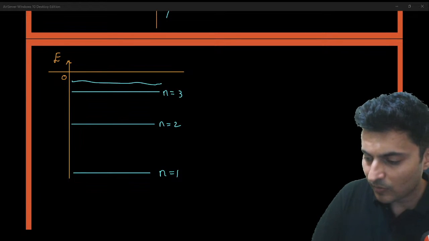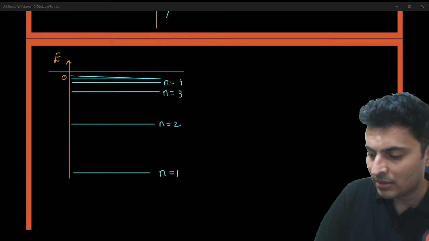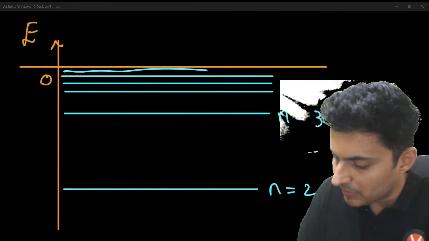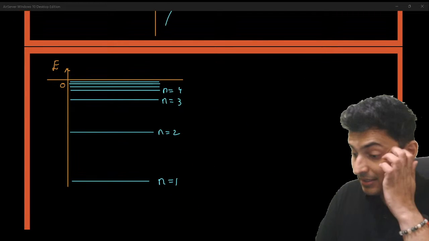Then comes n is equal to 4. And so many lines like this. You can see the spacing between the lines keeps on reducing as you go to the top. The spacing between the lines keeps on reducing and they come very, very close to each other. This is how the lines look like.